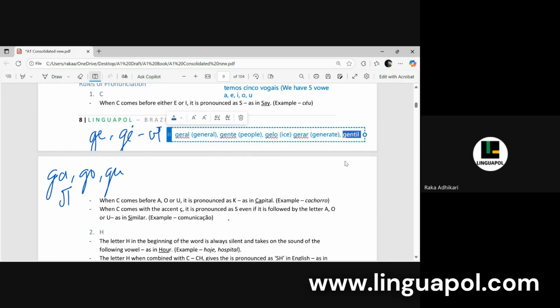The letter L at the end, we don't pronounce it. We give it a sound of kind of U. So we say gentiu. Sometimes we will pronounce the TI as chi, and in some areas they don't pronounce it as chi, they'll pronounce it normally like T. So it depends from region to region. So we can either call it gentiu or gentchiu. This means kind.